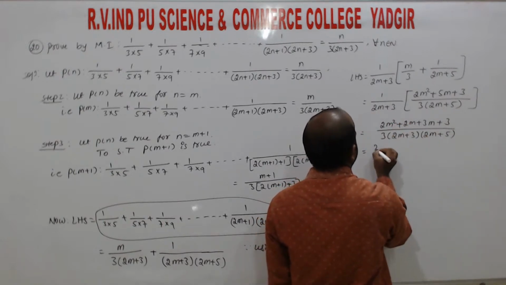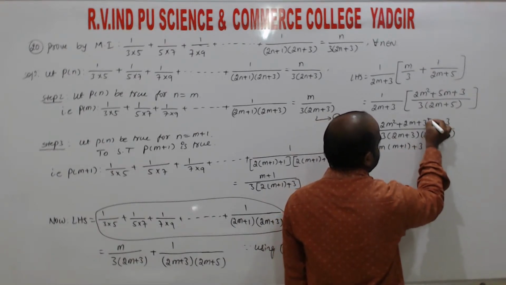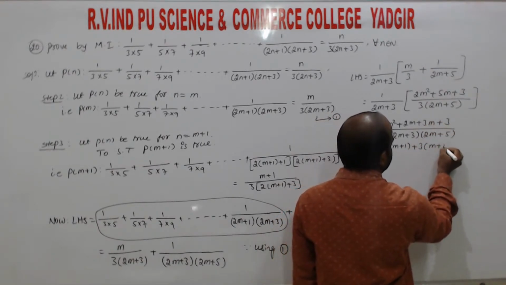Okay, first two terms, 2m is common, m plus 1. Next two terms, 3 is common, m plus 1.